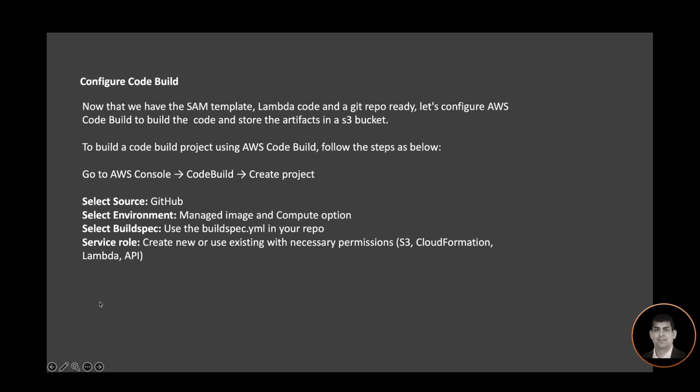For that project, we'll select the source as GitHub, we'll select the environment as managed image, and for the compute, we'll select the build spec file, and then we'll create a new role, or we can use an existing role with necessary permission. In this use case, I'm gonna simply go with create new role.